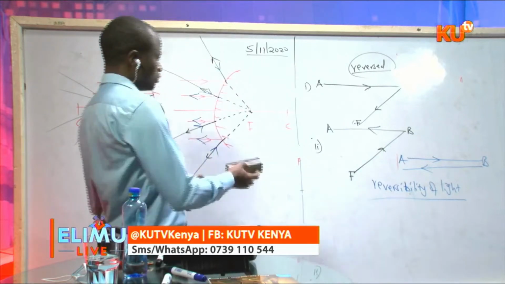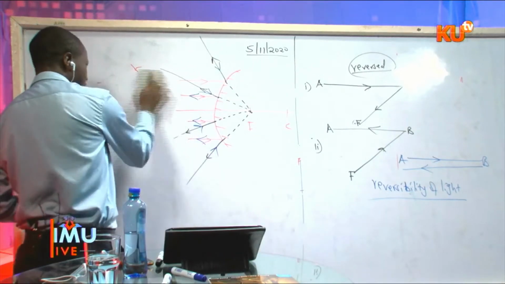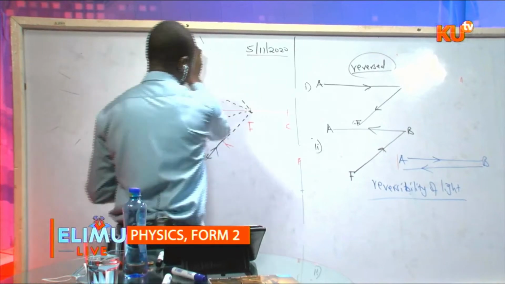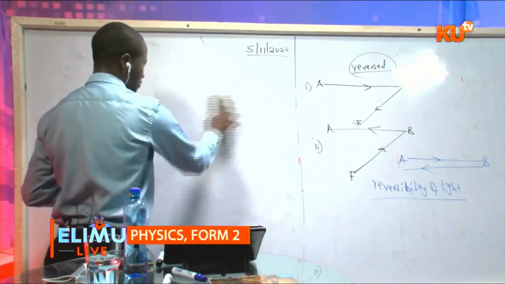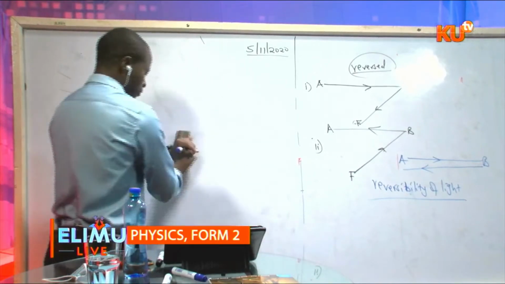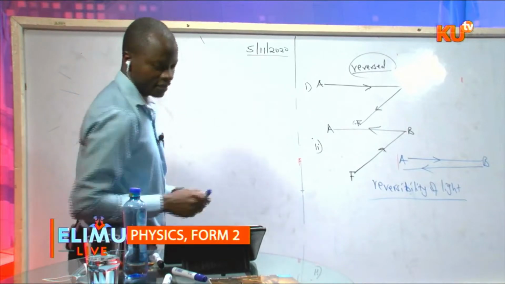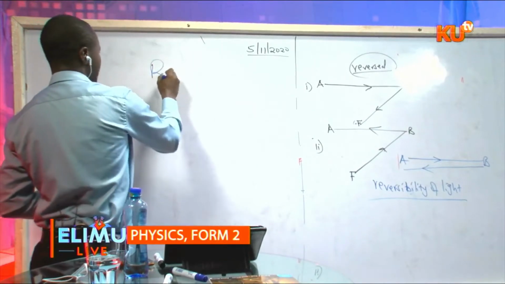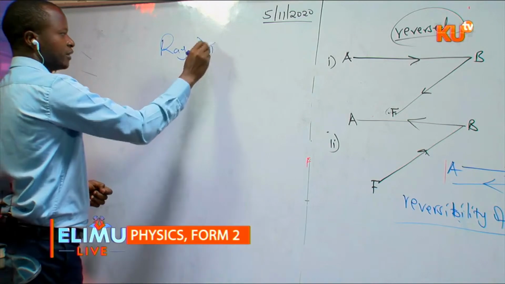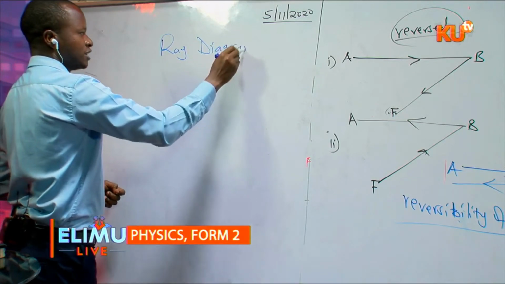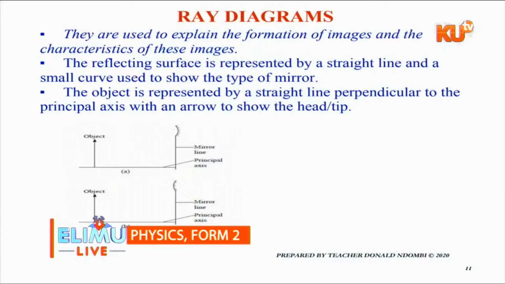The last subtopic for today. Remember our three objectives? Ray diagrams was the last one. We take some few minutes on it. Ray diagrams. We just mention a few things, then in part 2 of this lesson, we will wind up and see some past paper questions.